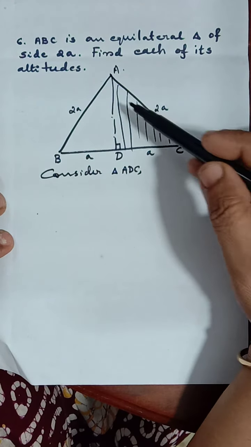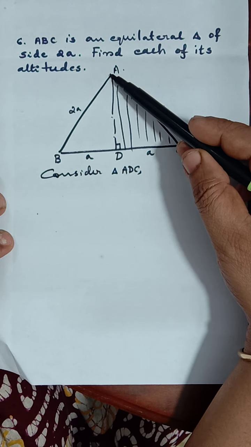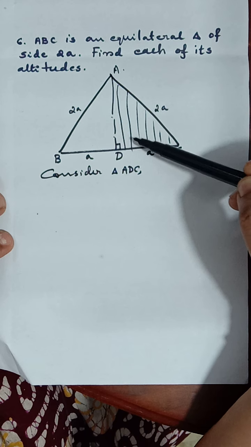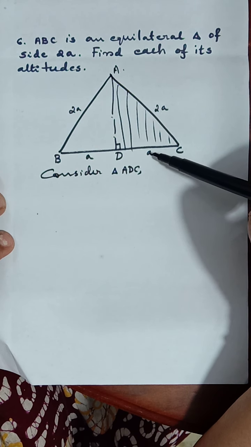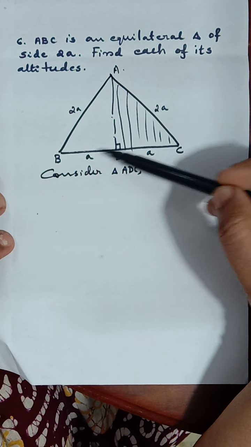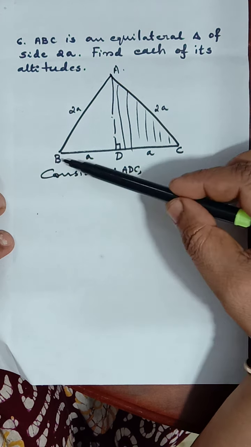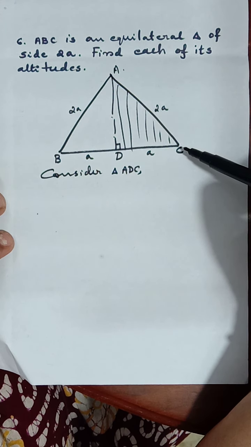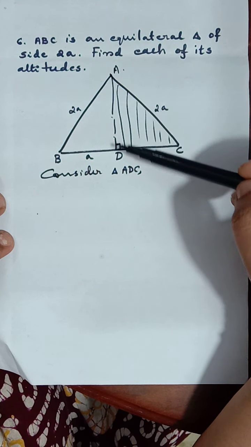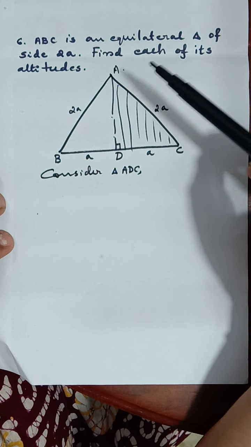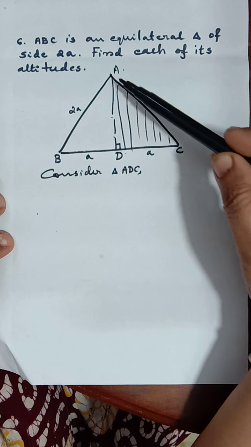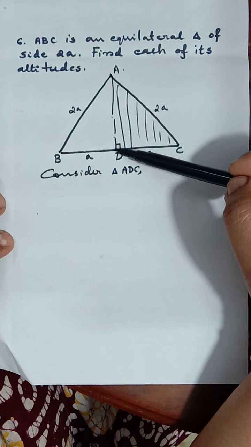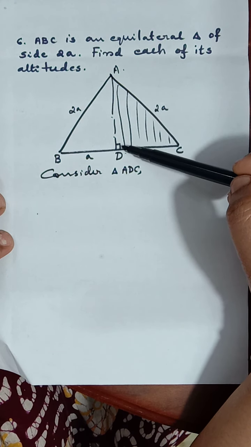As it is an equilateral triangle, from one of the vertex, if you drop a perpendicular to the opposite side, that will be bisecting the opposite side. That's BD equal to A units, DC also equal to A unit. So when we consider ADC, we have DC equal to A, AC equal to 2A. Therefore, we can find out what is AD using Pythagoras theorem.